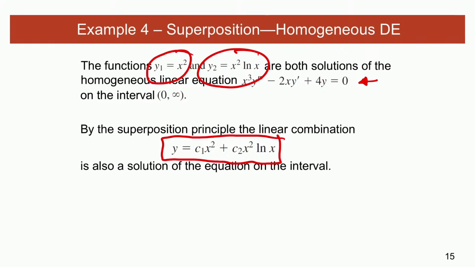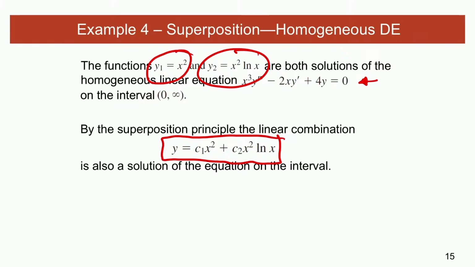One of the tasks that we're going to do, by the way, it's very important that your fundamental solutions are linearly independent. What that means is two functions are linearly independent as long as one of them is not a linear combination of the others.